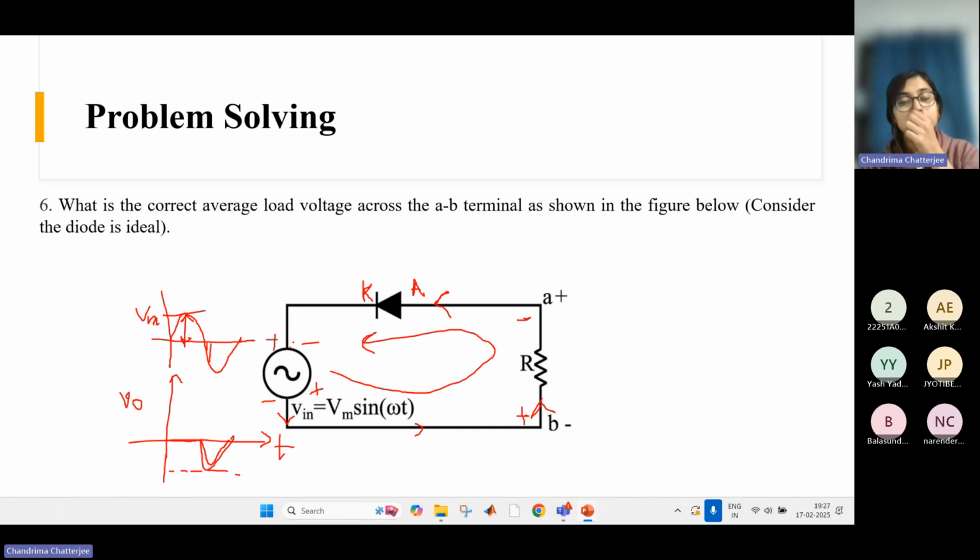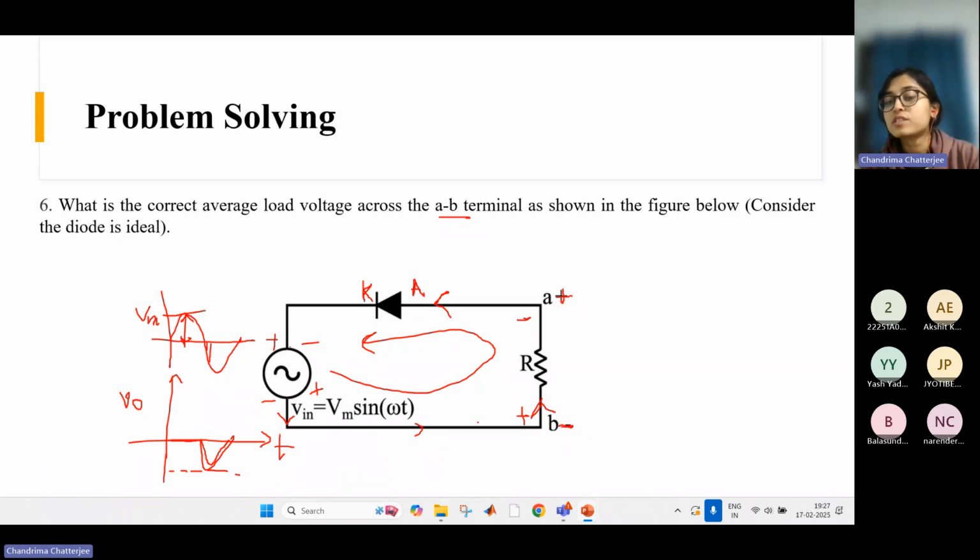Fine? Yes, ma'am. What I'm trying to say is that they have asked us what is the voltage across the A to B terminal. They have said you follow this convention: you assume this point is positive and this point is negative, right? Yes, because they have already mentioned this point is positive, this point is negative.